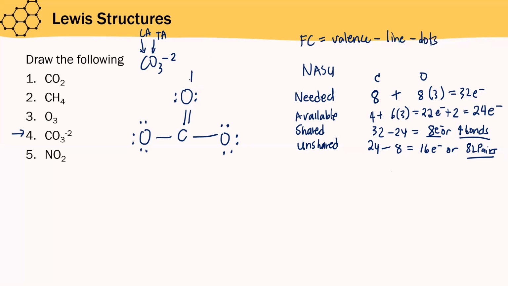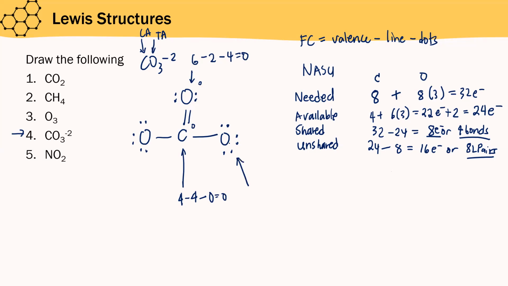Okay? So for this one, oxygen, valence 6 minus dalawang line minus how many dots? 4, 0. So this one doesn't have a formal charge. This carbon here, valence, group 4. How many lines? 4. May dots? Wala. So 0 formal charge.